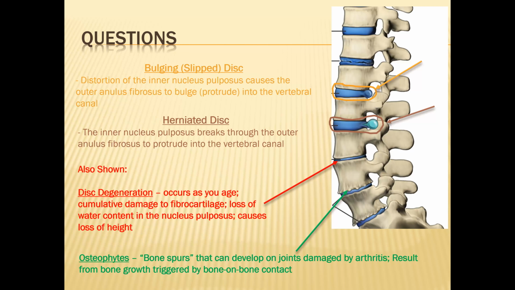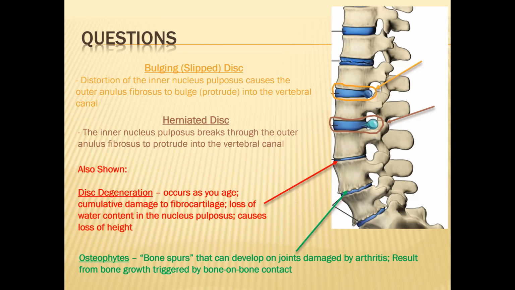What happens is that one bone starts rubbing up against the other bone because of the damage to the cartilage in between. And by those bones rubbing together, it signals bone growth. So it's actually the bone trying to repair itself. But the bone growth ends up causing these little spurs that stick out. And these can also cause problems if they press backwards and press on spinal nerves.